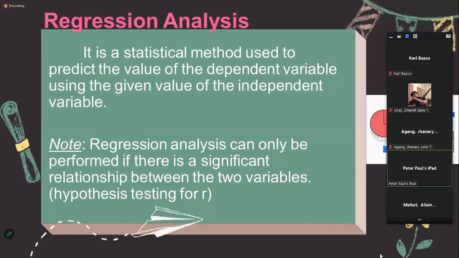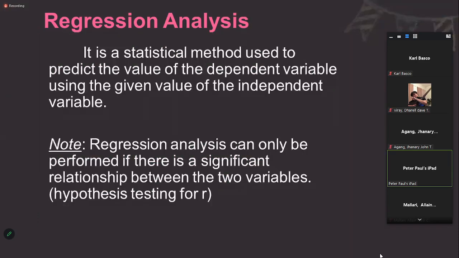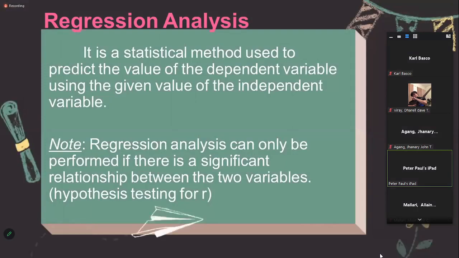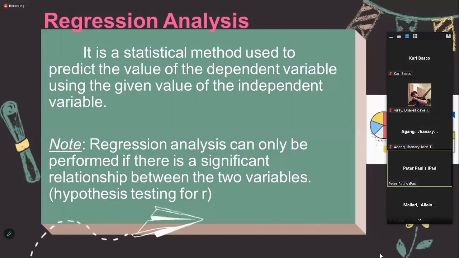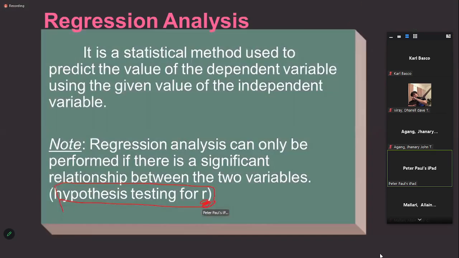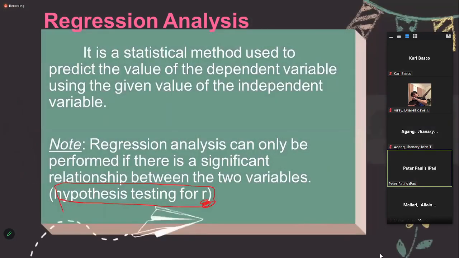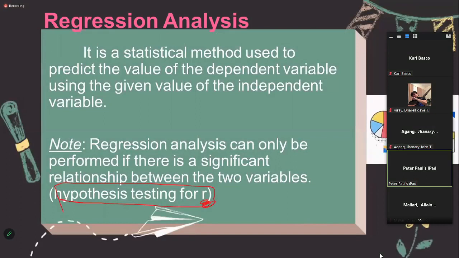So the regression analysis can only be performed if there is a significant relationship between two variables. So actually hindi na natin ginawa to, pero meron din siyang hypothesis testing for Pearson R. Hindi na natin siya ginawa, dumiretso tayo dun sa regression analysis. Di ba meron tayong tinatawag na significant difference. Pero kapag yung relationship niya, pwede mo ding i-test kung significant ba siya o hindi.